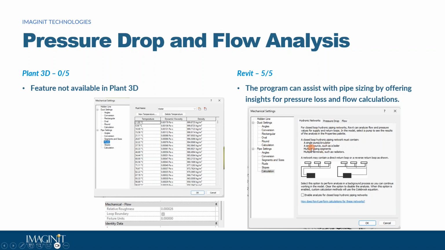You can do pressure drop calculations, or the software will automatically calculate for you if you meet the requirements outlined in the window. It's obviously not a replacement for engineering calculations, but it could be maybe the first step to determine pressure drop. So Revit has that capability.